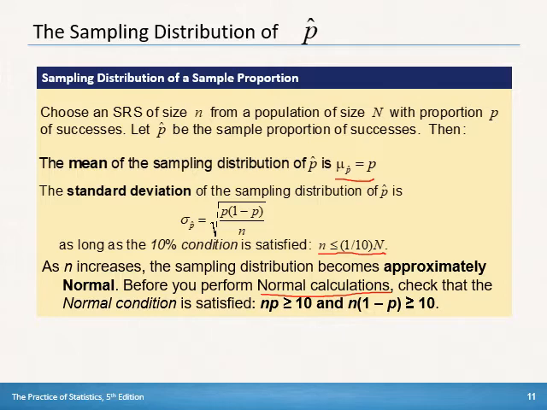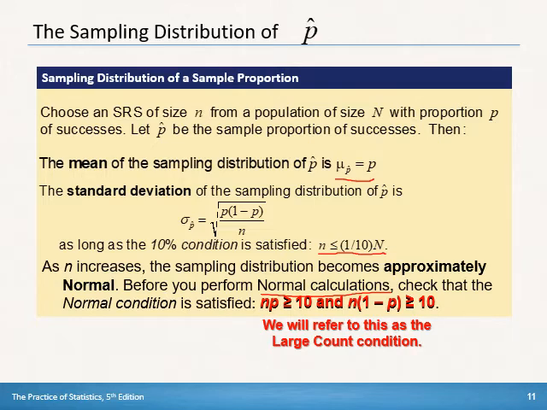That is, we look at n times p, is that greater than or equal to 10, and also n times 1 minus p. So it's the expected successes and the expected number of failures. They must both be greater than or equal to 10, and we refer to that as the large count condition.